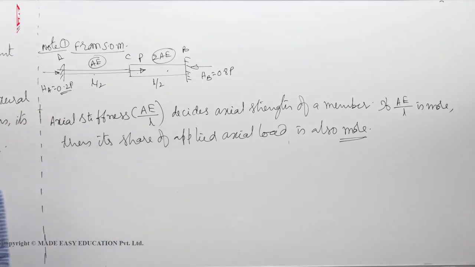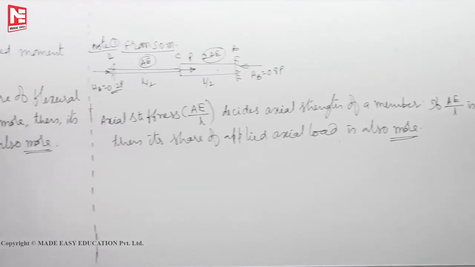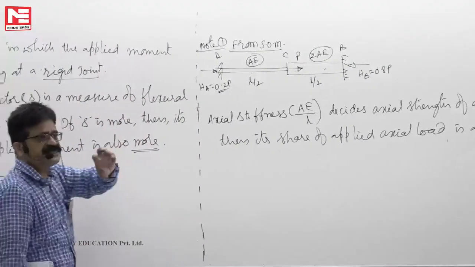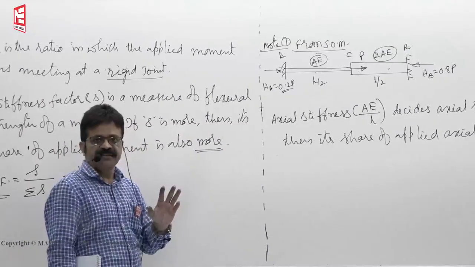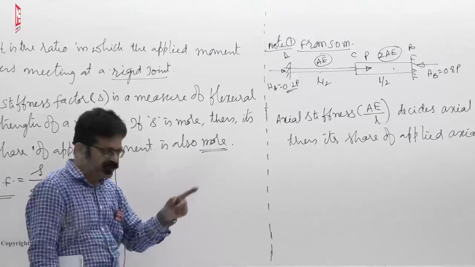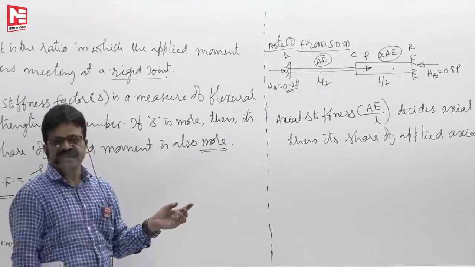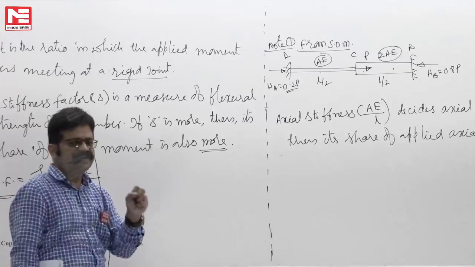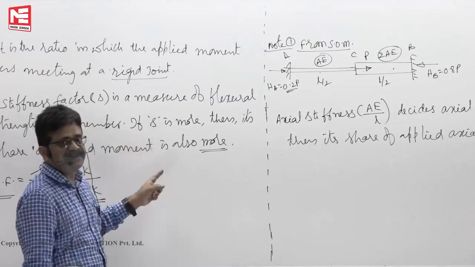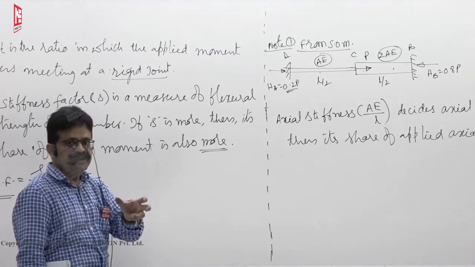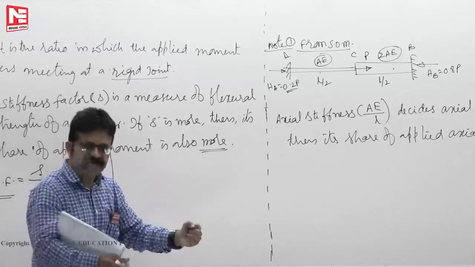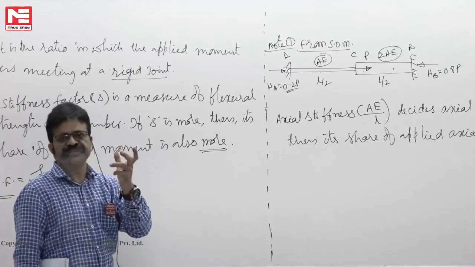Here, it is 4EI by L. The stiffness factor will decide whether a member can take more moment or less moment. So whether it is a strong member or weak member, that stiffness factor will decide. If the stiffness factor, the 4EI by L value, is very high, that means the moment required to produce unit rotation is very high. That means the member is very strong, very difficult to rotate.